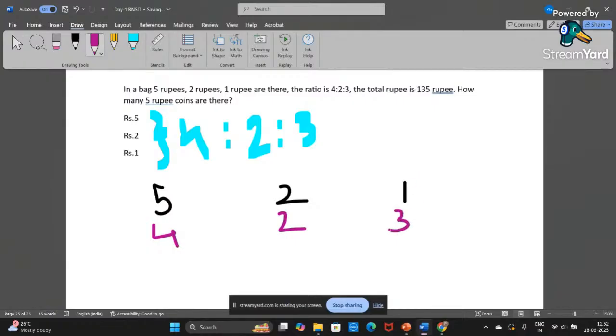So what you have to do? If they are in the ratio, there must be some common multiple, right? Just write the common multiple with each ratio. Then the total rupees in the bag is 135.